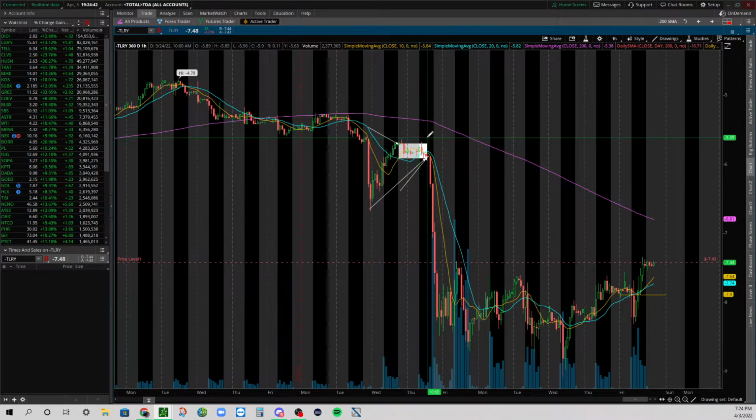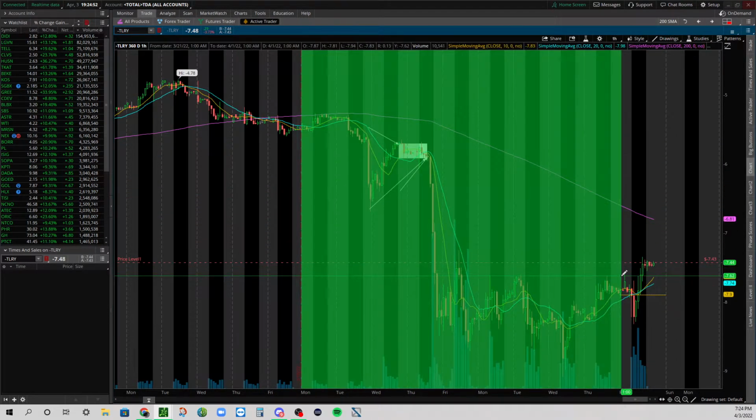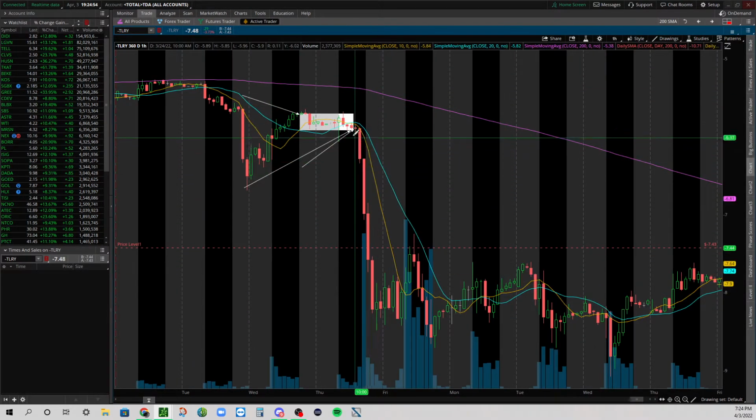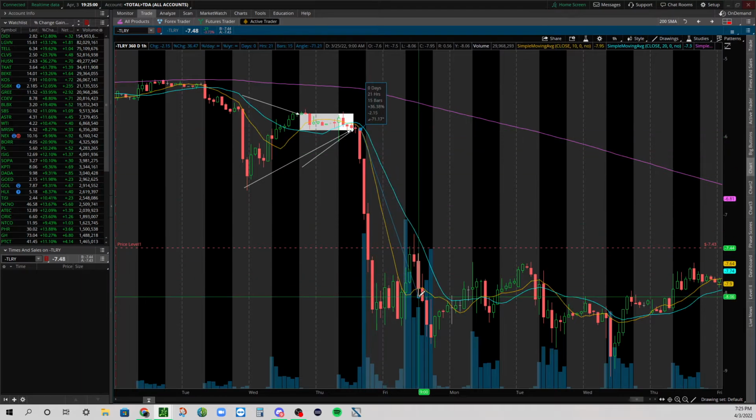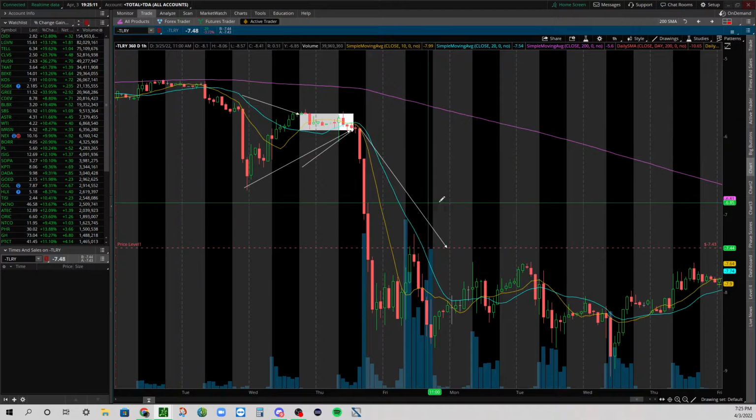So ideally, you're going long here, and you're risking this low right here. So you're risking 21 cents to make, what is that low here? $1.50. That's a pretty good risk reward ratio.